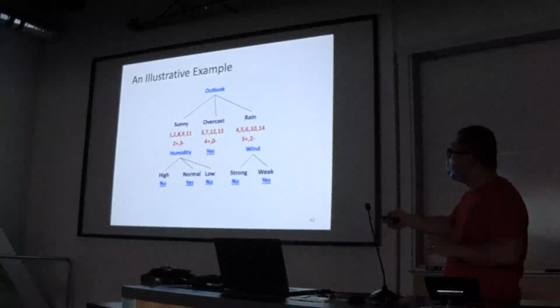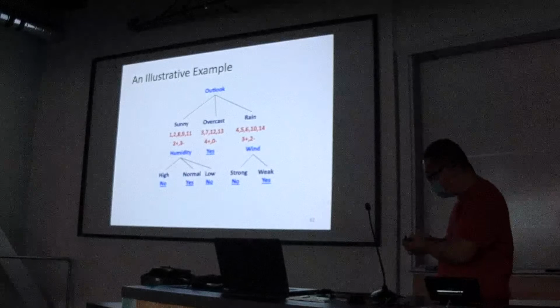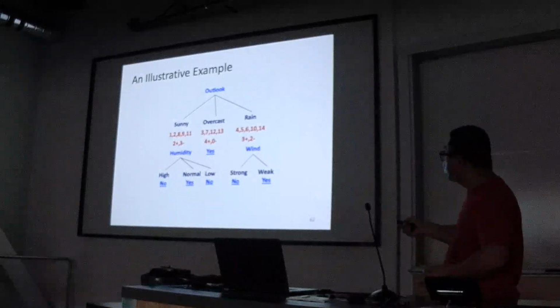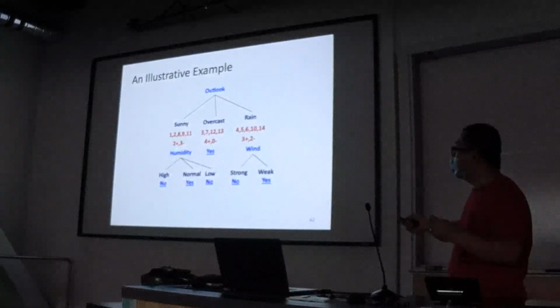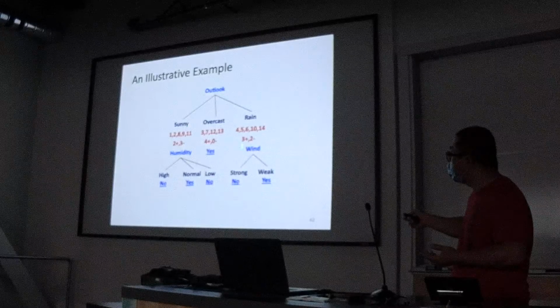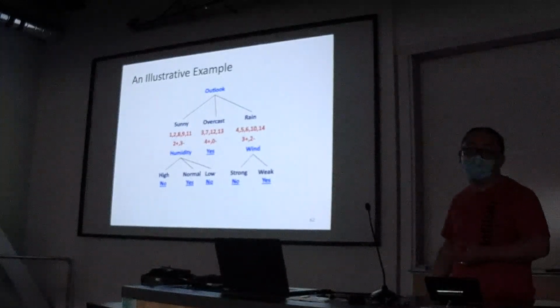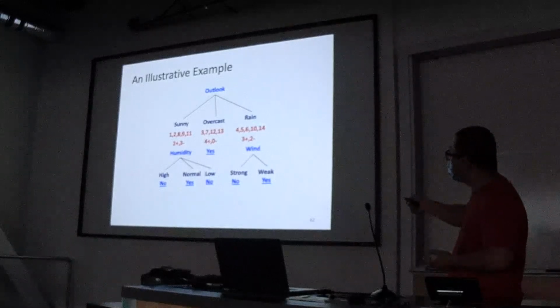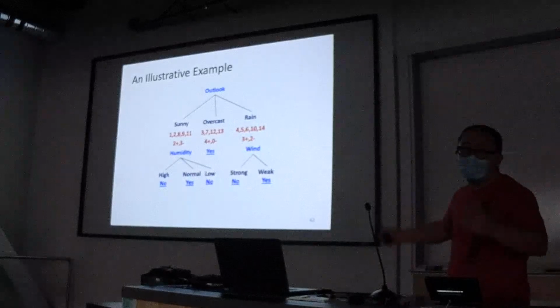You might have humidity serve as the attribute with the largest information gain here, but also have humidity with the largest information gain there. It is possible, but it really depends on how your examples or labels are distributed in different subsets.